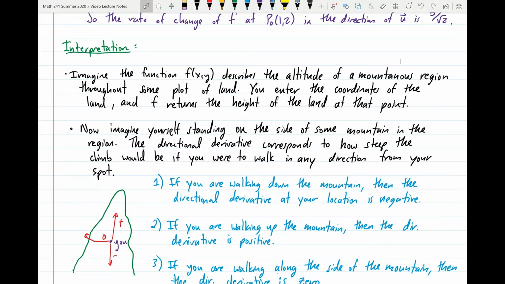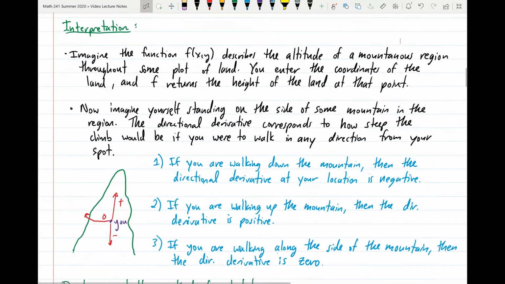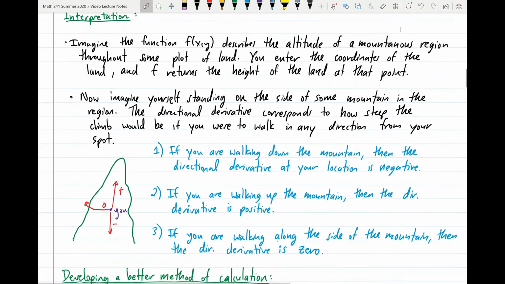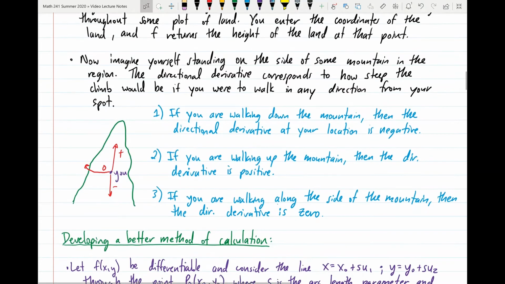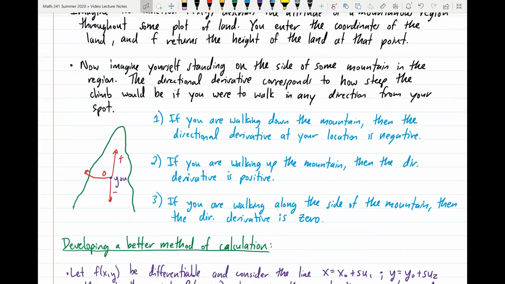And the function f of x, y is going to give you the elevation of the land at whatever point you're on. So you enter the coordinates of the land, and f is going to return the height of the land at that point. So you can think that when f is really big, maybe you have a mountain. When f is really small, maybe you have a valley around that area.